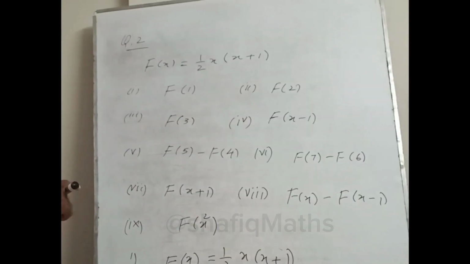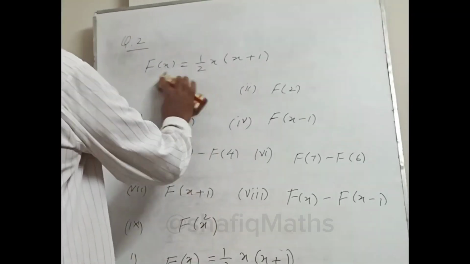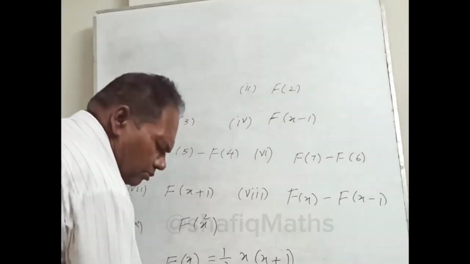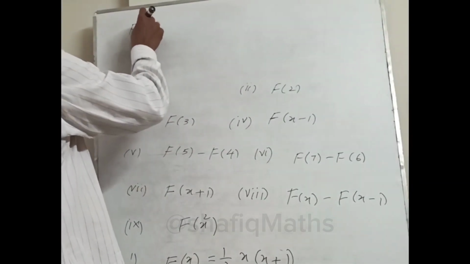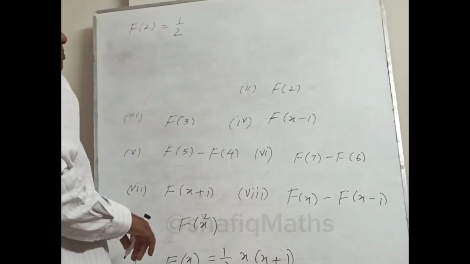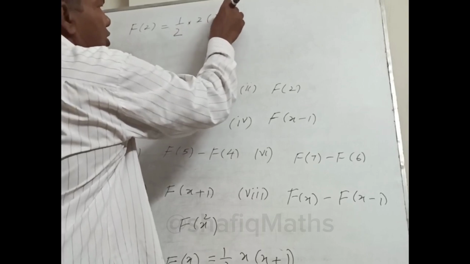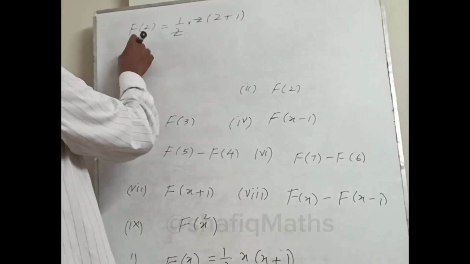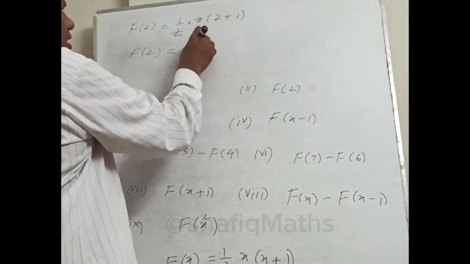Now coming to the second part of the question, that is f(2). So we are writing f(2) equals 1 upon 2. In place of x we are substituting 2. So it would be 2 plus 1. Now 2 and 2 will cancel out. So we have f(2) equals 2 plus 1, which is 3.